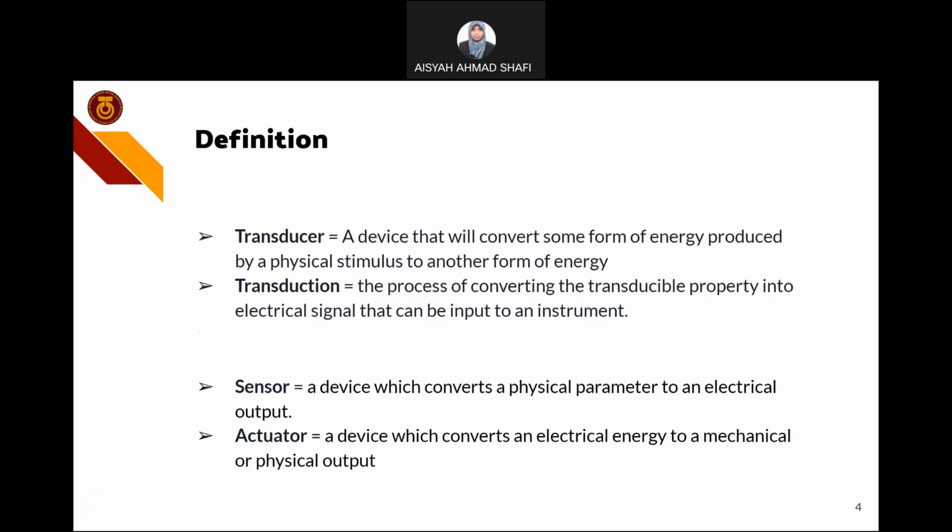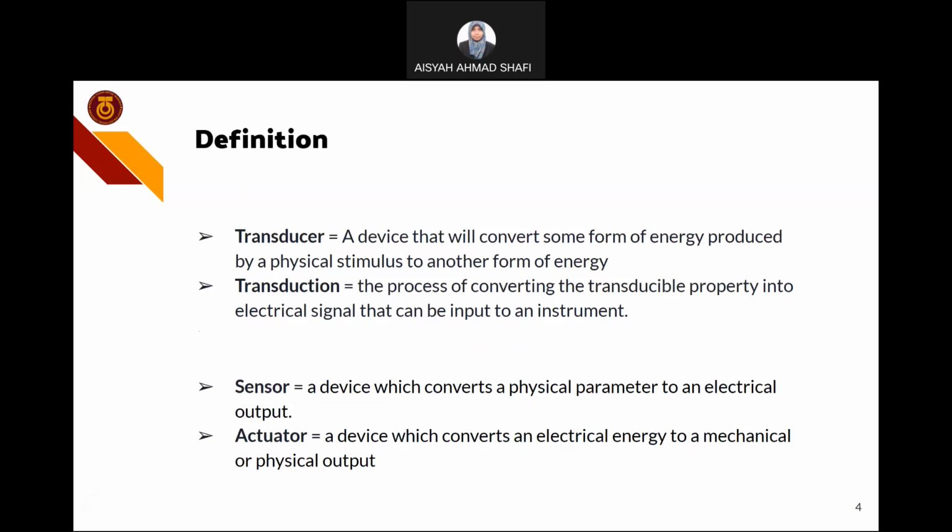But in general, the transducer is from one energy to another form of energy. But a sensor is a device that converts a physical parameter to an electrical output. That means only electrical. So that is called a sensor.